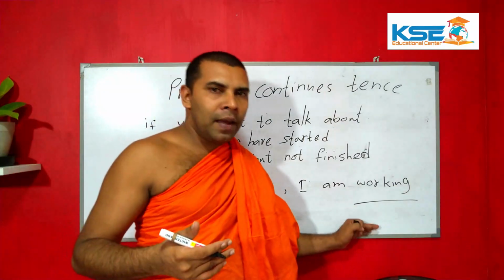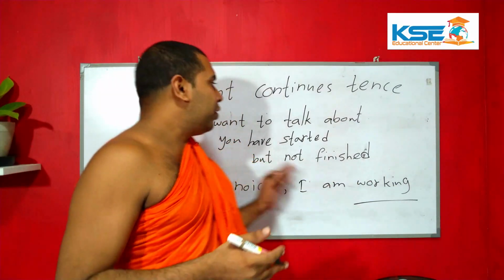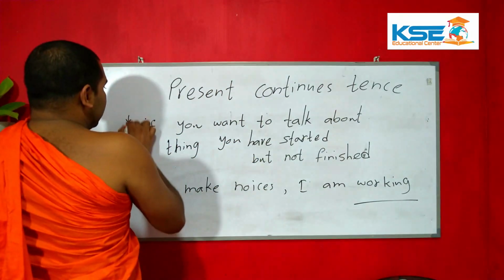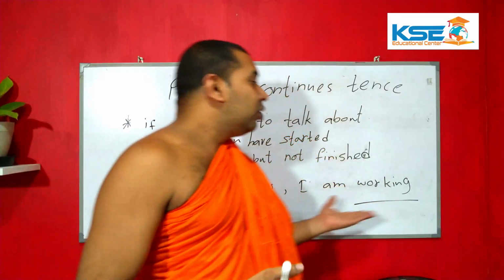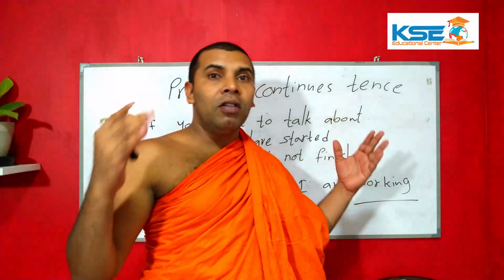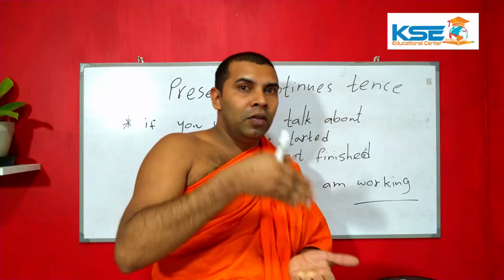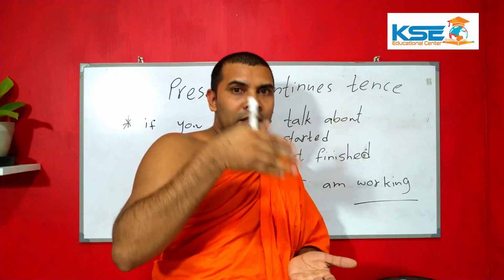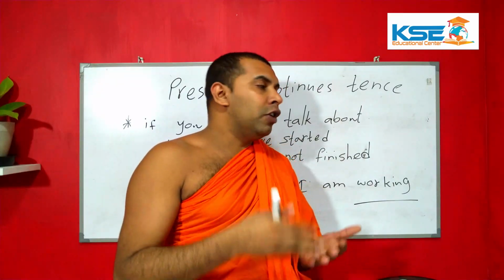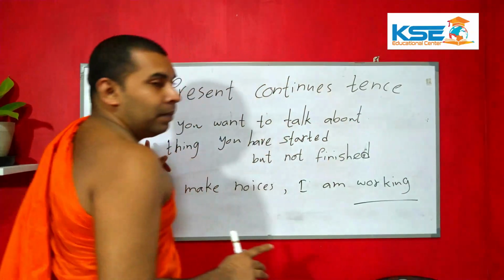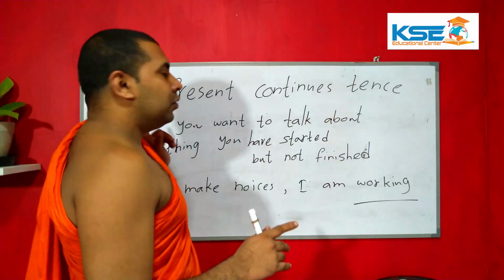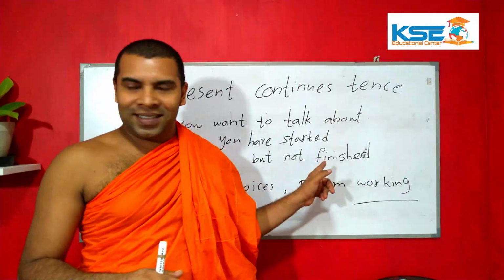Still you are doing the same thing. For that we use continuous tense. You are in the middle of the work, the middle of the action, so you talk like this. I think you got it. This is the first rule that we have to know about these sentences.